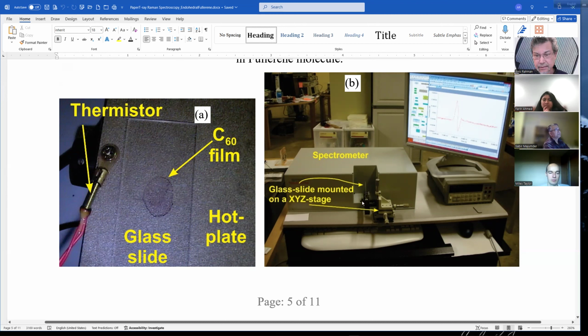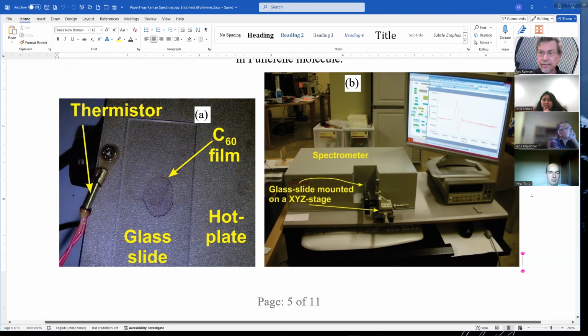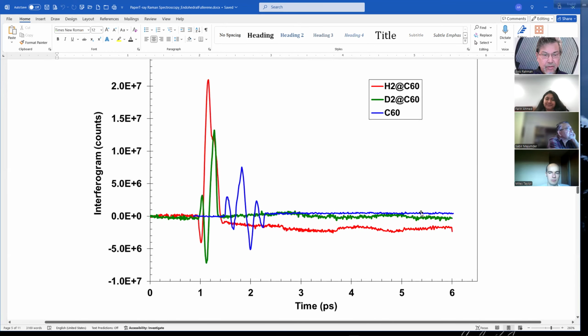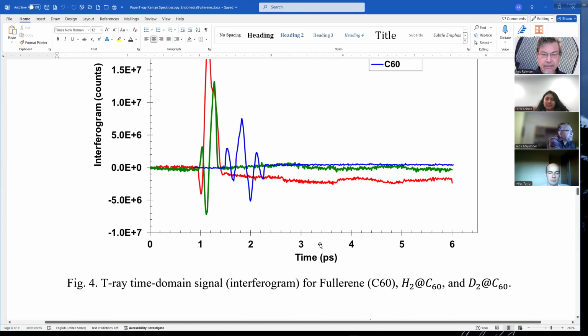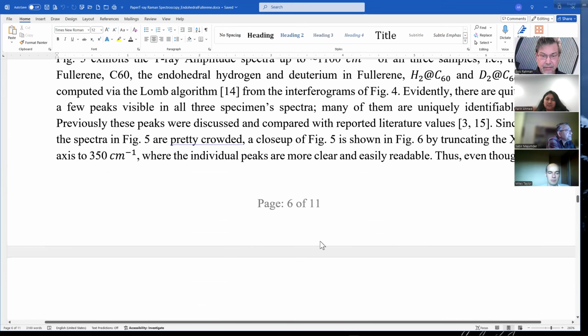Those slides are placed here in the spectrometer, positioned with the 3-axis manual positioner. And then the interferogram was acquired, and once these three interferograms were acquired, we could do the Raman calculation out of the spectrum.